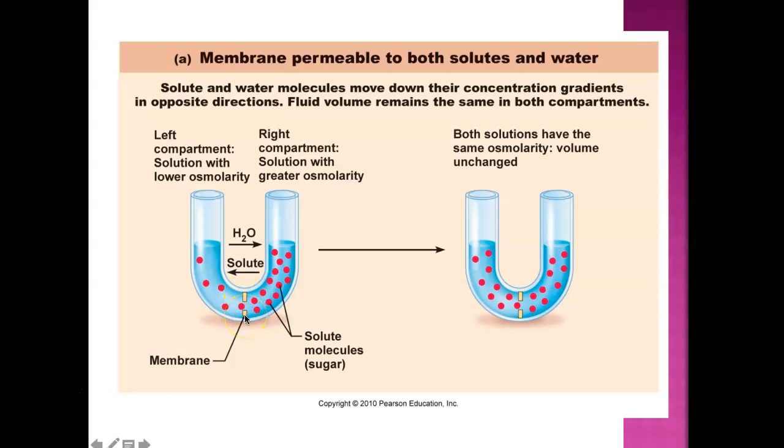And so what's naturally going to happen if there's a semi-permeable membrane that these red things can get through, in order to achieve balance, the red things will move. So you have only a few red things on the left, a lot of red things on the right. Let's pretend it's sugar. So you have a little bit of sugar on the left, a lot of sugar on the right. In order to achieve balance, that sugar is going to move this way. And then you end up with that.